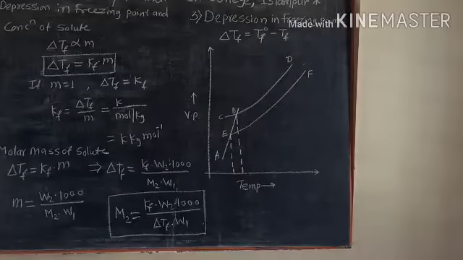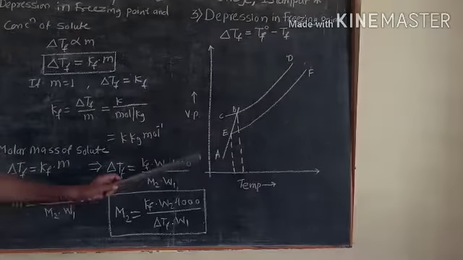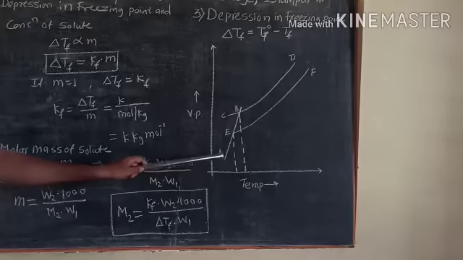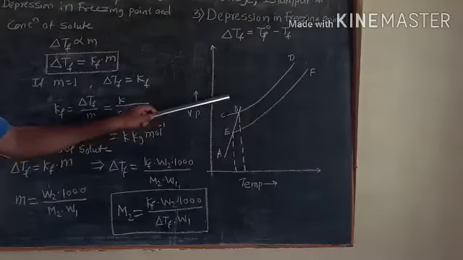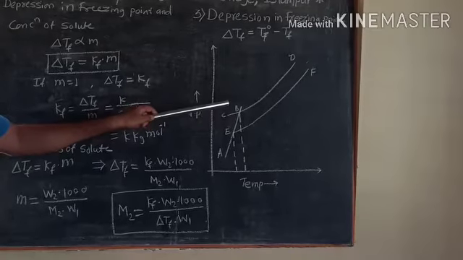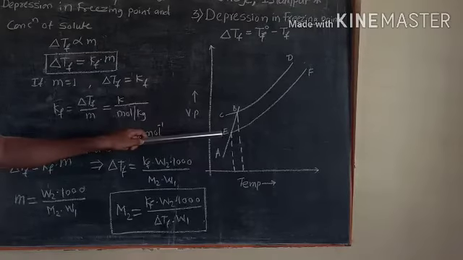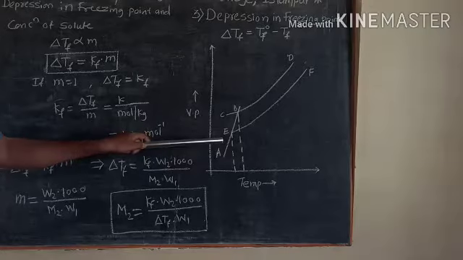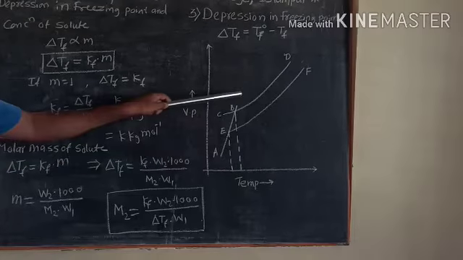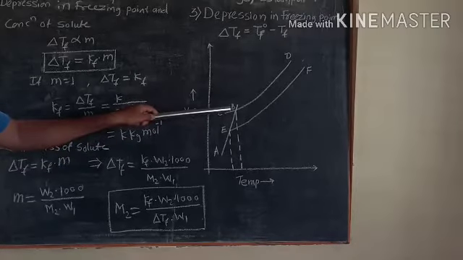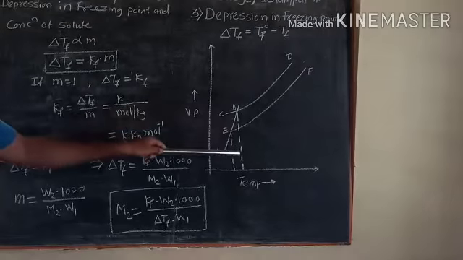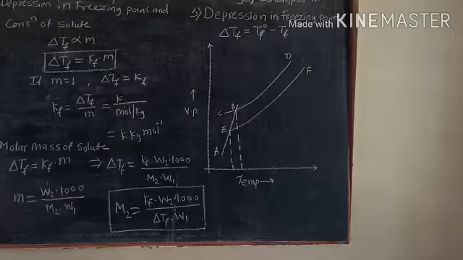Then, according to the definition, the lines AB and CD cross at point B, meaning at point B the vapor pressure of the pure solid and liquid solvent are the same. So point B is the freezing point, and that temperature is called the freezing temperature.